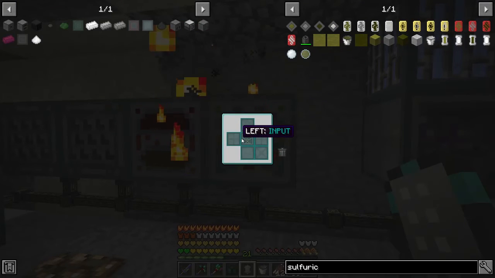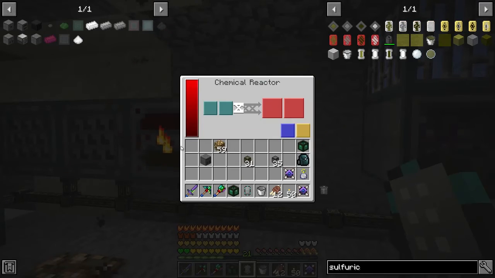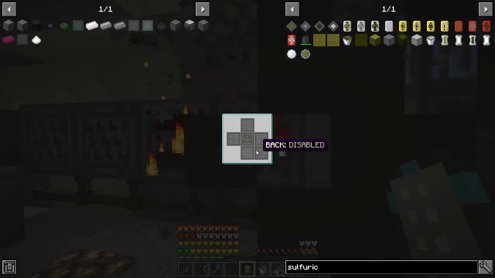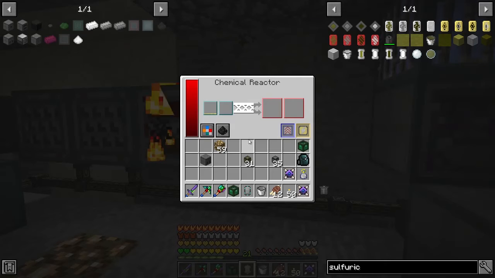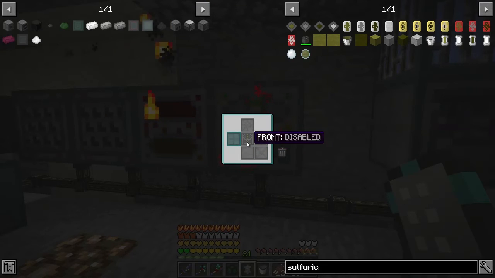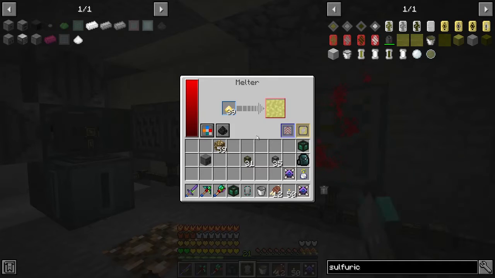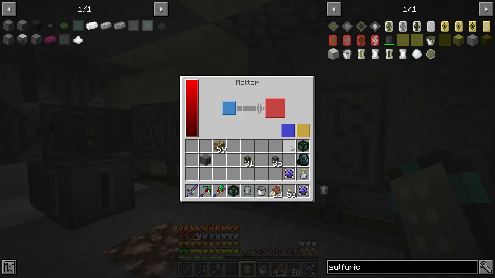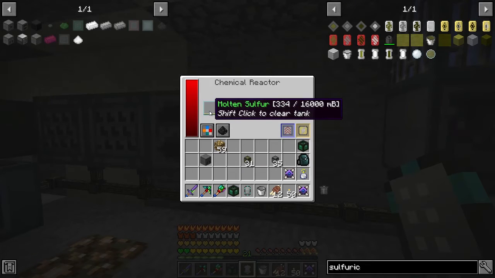Input on left for that one. No output. Input on left. So this one should be output on right. So this should start going up, but it's not. But it has made us some sulfur dioxide.